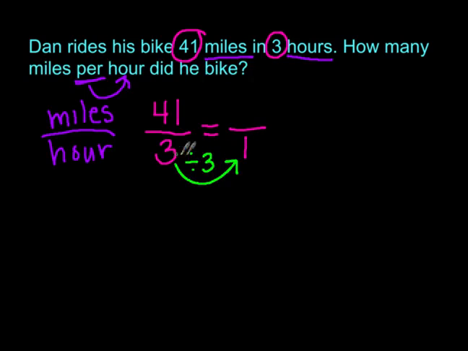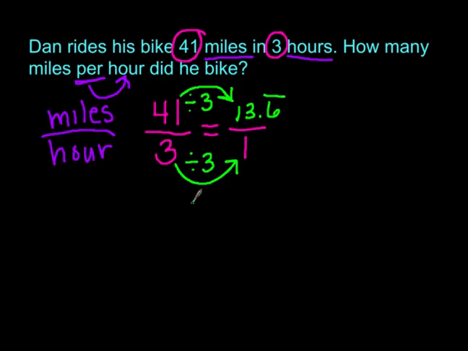Well, because a rate acts like a fraction, if I divide by 3 on the bottom, I need to divide by 3 on the top in order to keep everything equal. So I'm going to divide by 3 on the top of my rate, and 41 divided by 3 is 13.6 repeating.